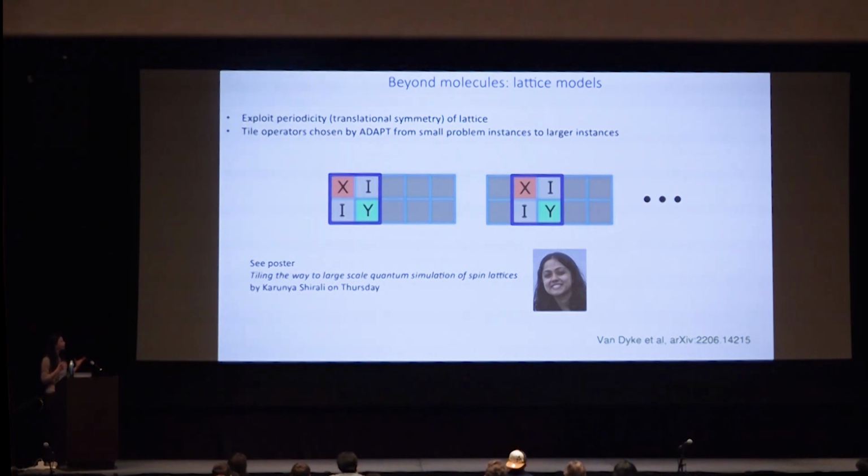The idea here is that I can help a lot in finding a good pool for the extended problem by solving a small instance of the problem, seeing what the algorithm selects as the pool operators that I use in my ansatz, and then putting those in a pool for the larger system. And we've seen that the strategy works well. I'm not going to spoil it because there's a poster by Garunia that I encourage you to go see and talk to her about this work.